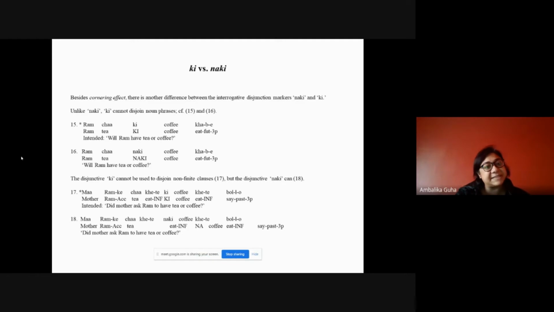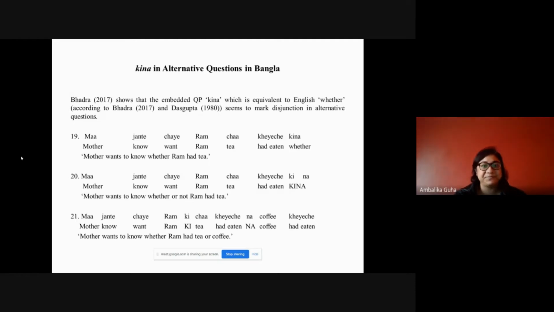Another difference is that ki cannot disjoin non-finite clauses, but naki can. For example, 17, Ma Ram ke cha khete ki coffee khete bollo. Did mother ask Ram to have tea or coffee? Absolutely out. And 18, where naki can disjoin, Ma Ram ke cha khete naki coffee khete bollo. Did mother ask Ram to have tea or coffee is good. That's fine.